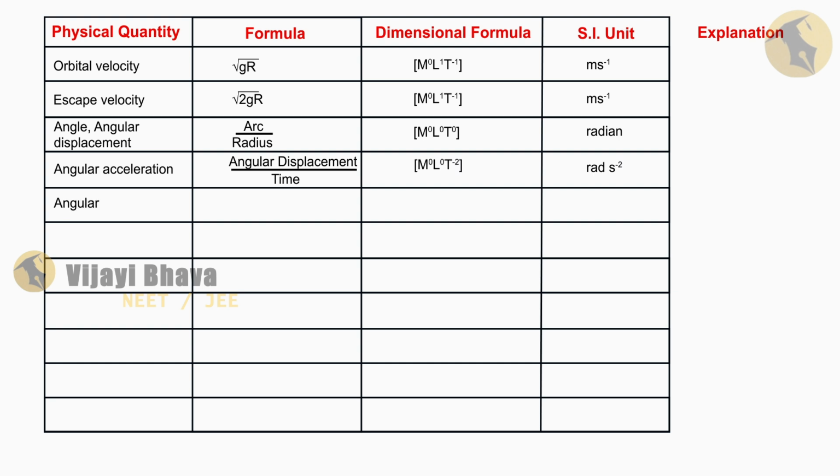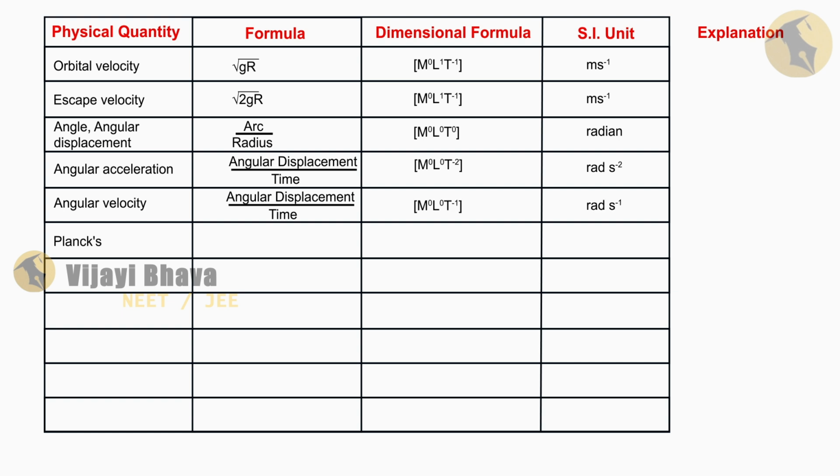Next, angular velocity. Angular velocity is the ratio of angular displacement by time. Again, angular displacement does not have any dimensions. Time has a dimension T1. So, when this comes to the numerator, it becomes T minus 1. Thus, angular velocity has a dimensional formula M0 L0 T minus 1.